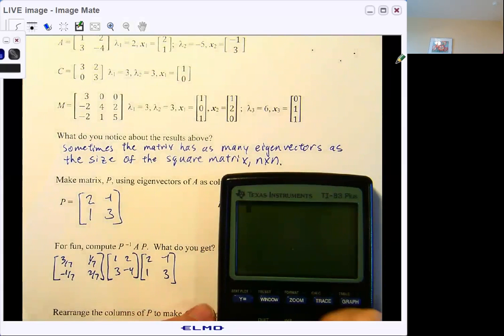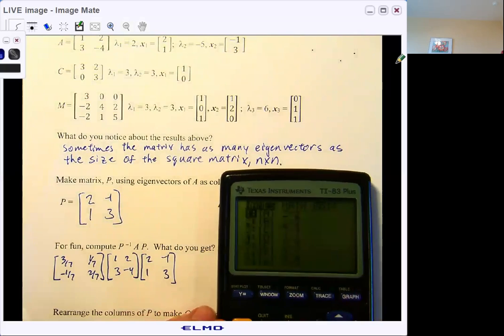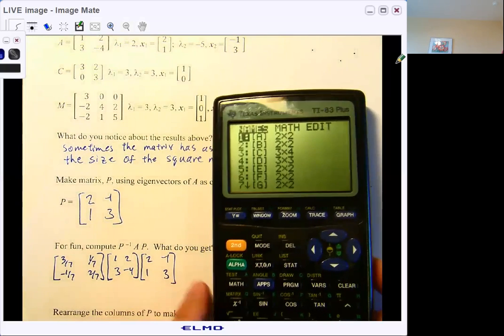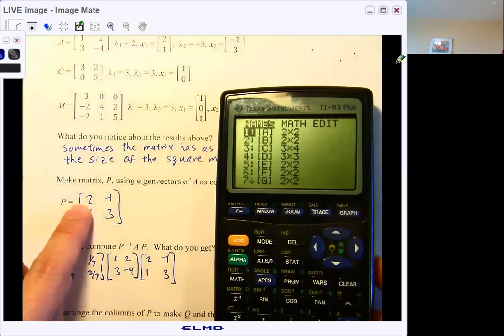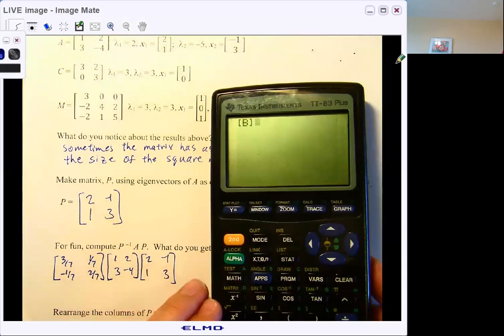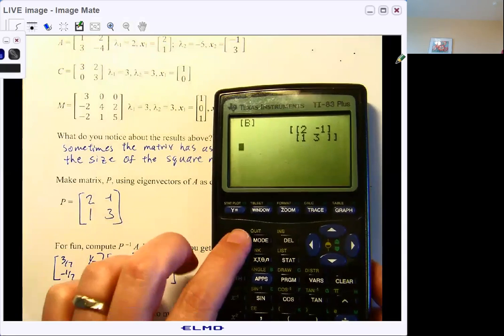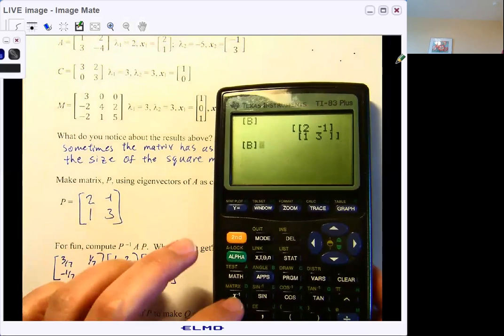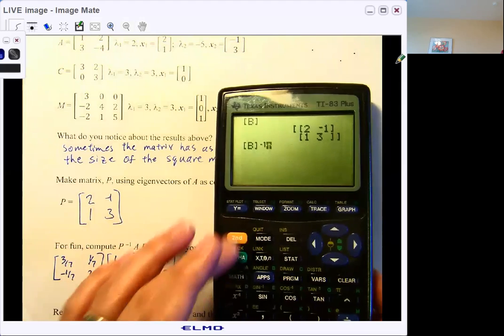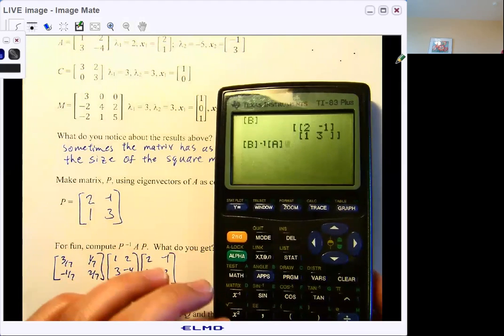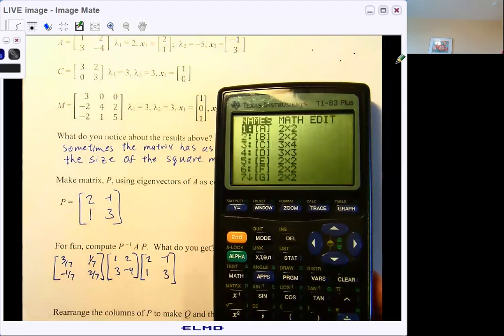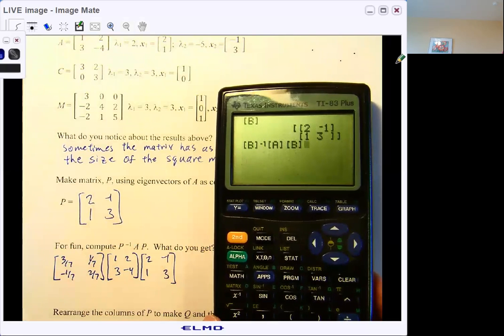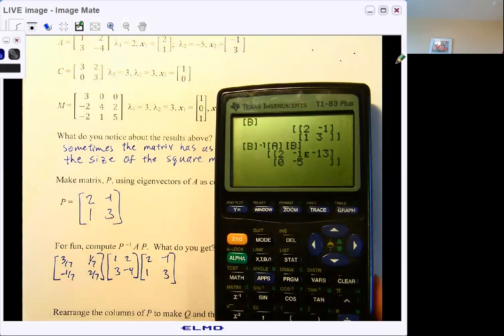The A matrix is A, and I put the P matrix in B. So I'm going to do B inverse, or P inverse, times matrix A times matrix B, which stands in for matrix P.